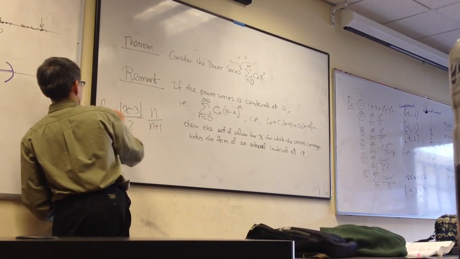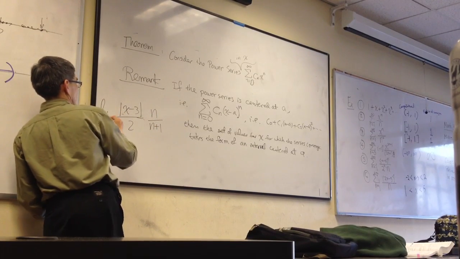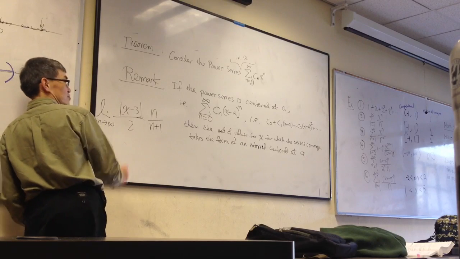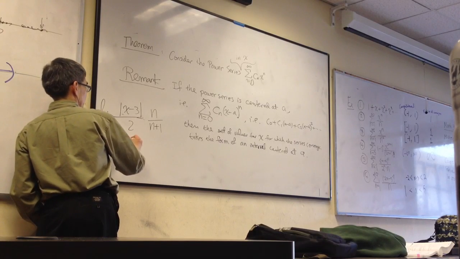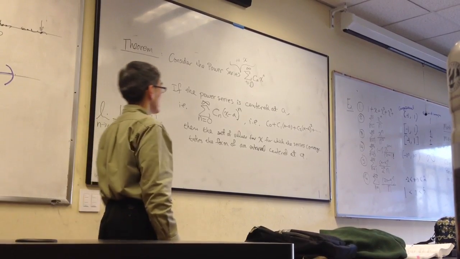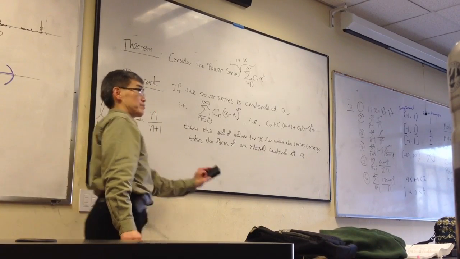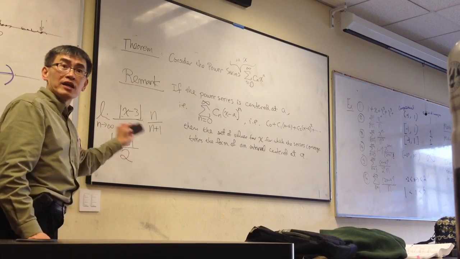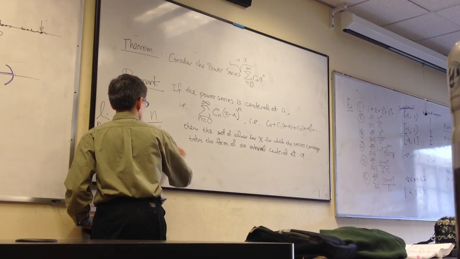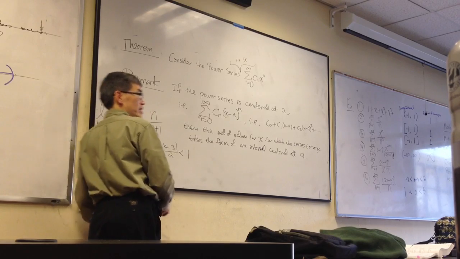And then you take the limit as n goes to infinity. What do you get? The absolute value of x minus 3 over 2. Now the matter is clear. This is my L. So if this L, absolute value of x minus 3 over 2, is less than 1, then what?